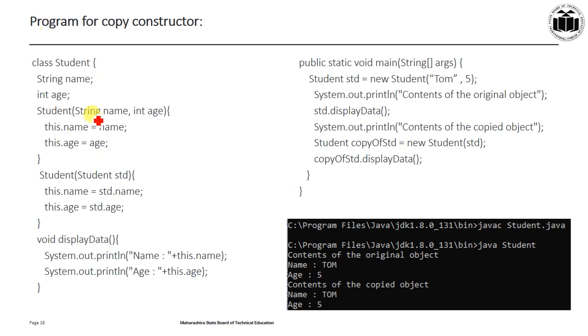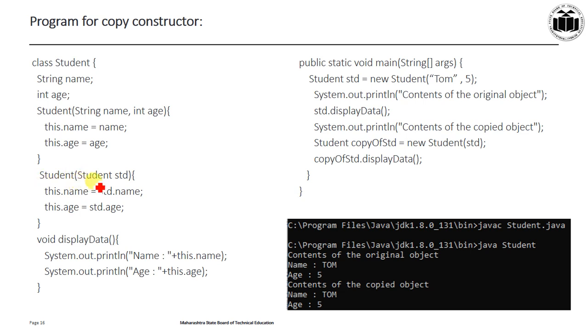Means what? In the main method we will create an object of this class, that is Student. Std is equal to new Student. We have passed two parameters, that is name and age. So we will pass two values, that is Tom and 5. Now here we have created the object, that is std. So while writing the copy constructor we will write Student, that is the name of the constructor.